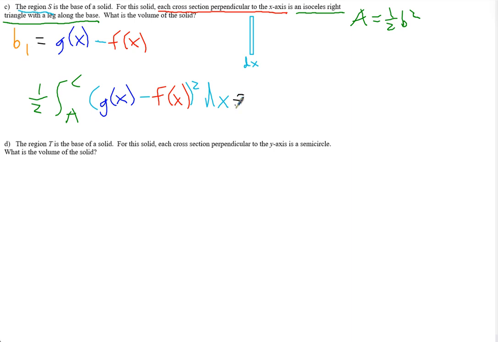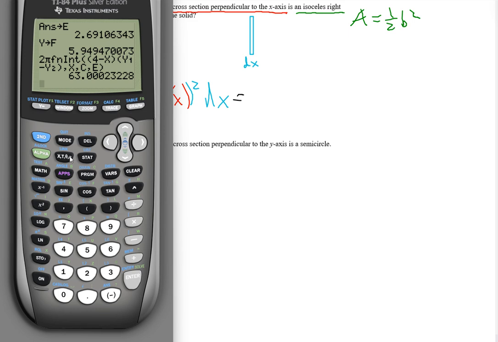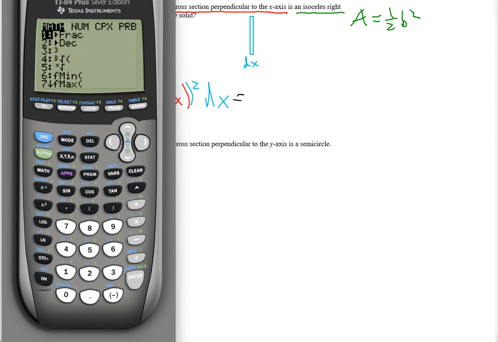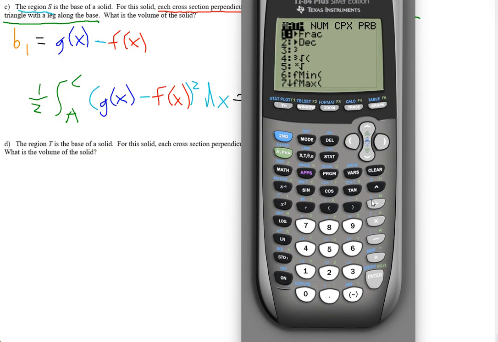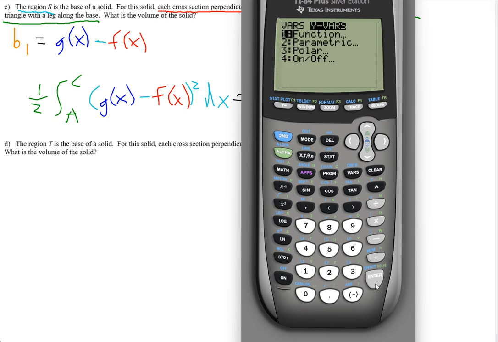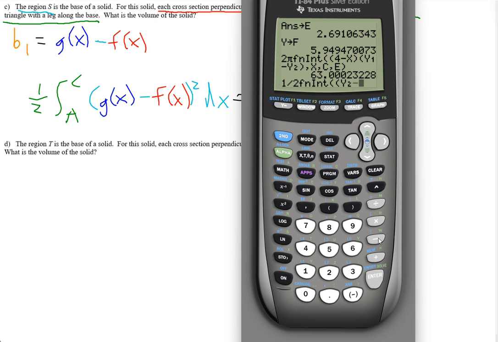So now we can just put this in our calculators. Start with the 84. So nothing on the outside, I'm sorry, 1/2 on the outside on this one. So you can put 1/2 or 0.5. And math number 9. And then alpha A and alpha C if you have a new one. And then open parentheses. G of x is y2, so vars y variables y2 minus f of x is y1.